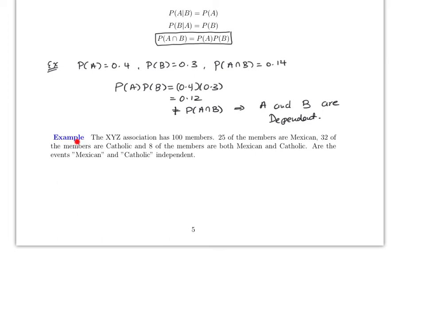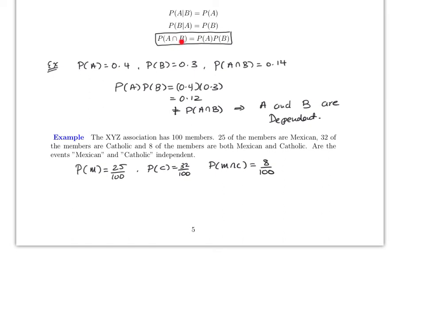Now, we did this example at the beginning of section 2.7, and remember from there we knew that the probability that somebody is Mexican was 25 over 100. The probability that somebody was Catholic was 32 over 100, and the probability of somebody being Mexican and Catholic was 8 over 100. So there are two ways to check if they are independent.